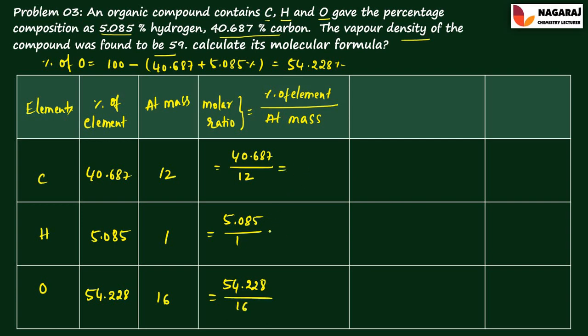On simplification, it gives 3.390 for carbon, 5.085 for hydrogen, and 3.389 for oxygen.